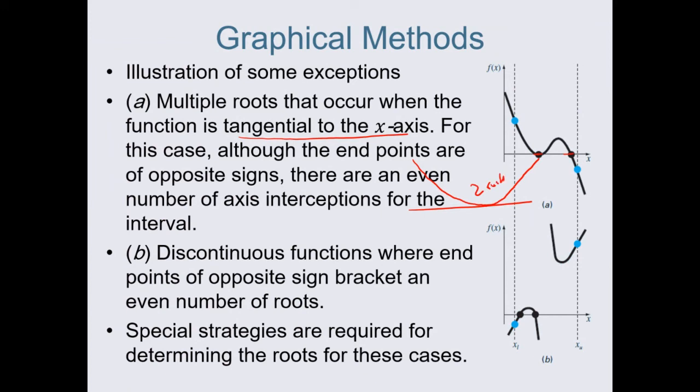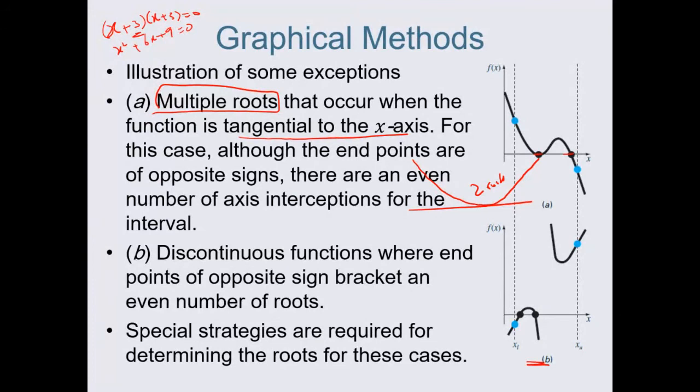Let's say where x plus 3 squared is equal to 0, so you'll get x squared plus 2 times 3 times x plus 9. So the root of this will become x equal to minus 3 twice. So you'll have the same root twice. We call this a multiple root.